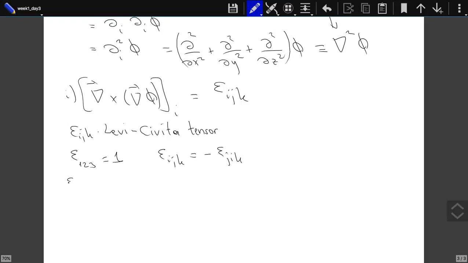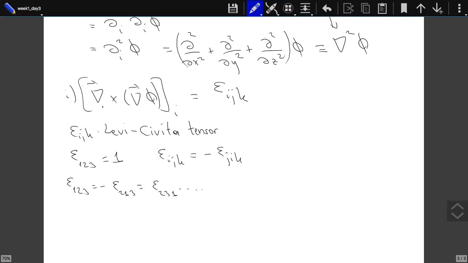So epsilon 1, 2, 3 is equal to minus epsilon 2, 1, 3, which is equal to epsilon 2, 3, 1, etc. So in the cross product, you have all these plus or minus signs. This Levi-Civita is either plus 1 or minus 1, or 0 if any two indices are the same. So it keeps track of all those plus or minus 1s or 0s. Okay?